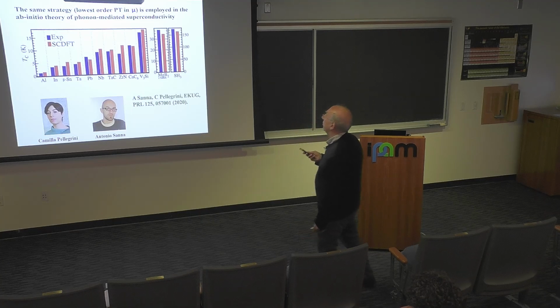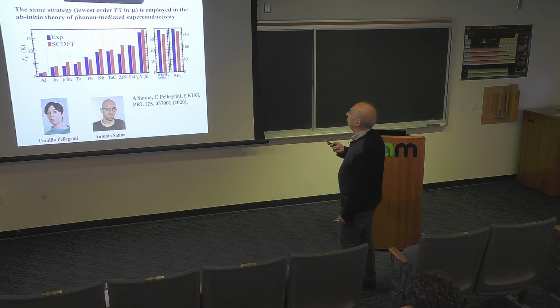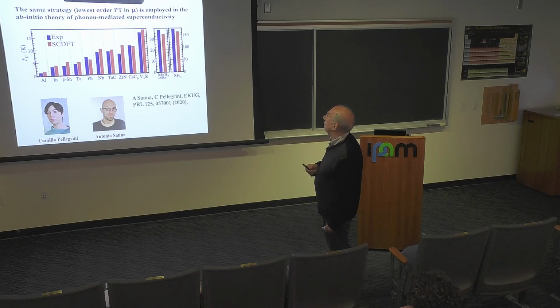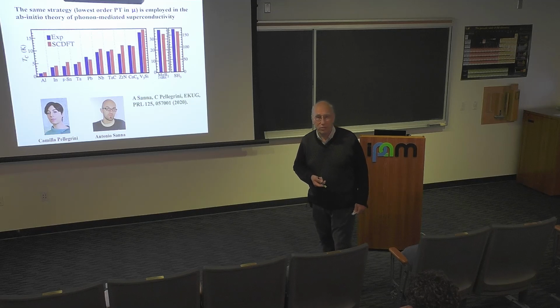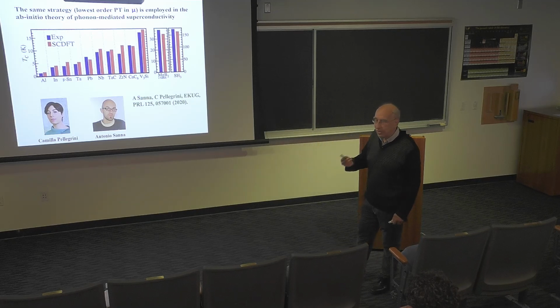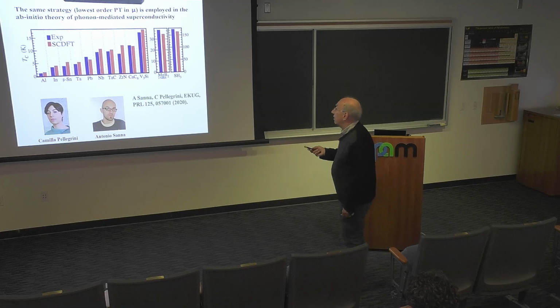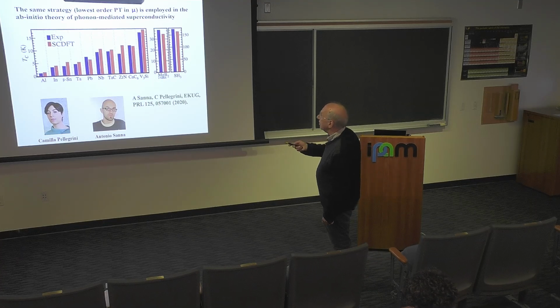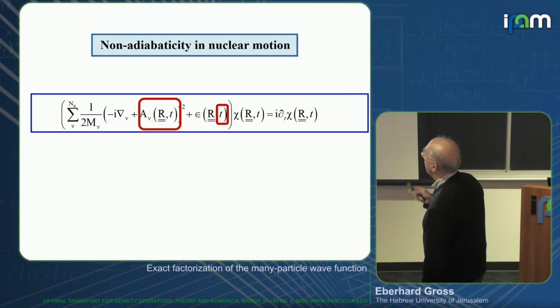And this is the message here: if you treat everything in lowest order perturbation theory in the terms that are proportional to this small parameter, if you do that consistently, which is hard to do, but you can do it, then you really have a predictive theory of phonon-driven superconductivity. So you can really predict critical temperatures. There are no fudge factors or anything. This is what we do here. This is the predicted critical temperatures.